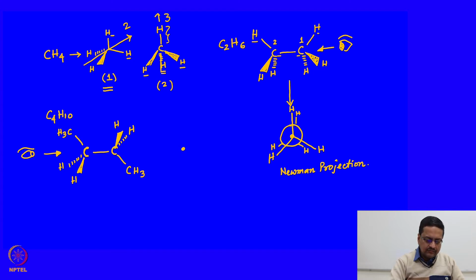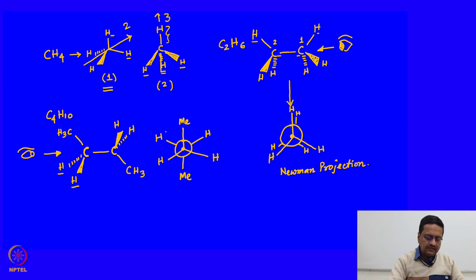So, when we look at that molecule from one side, in this case the left hand side, on the front carbon at top you have a methyl group, on your right and left you have hydrogens, on the back carbon downwards you have a methyl group and you have two hydrogens on the right and left.